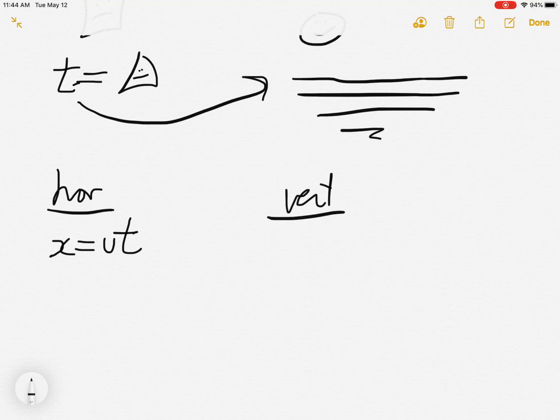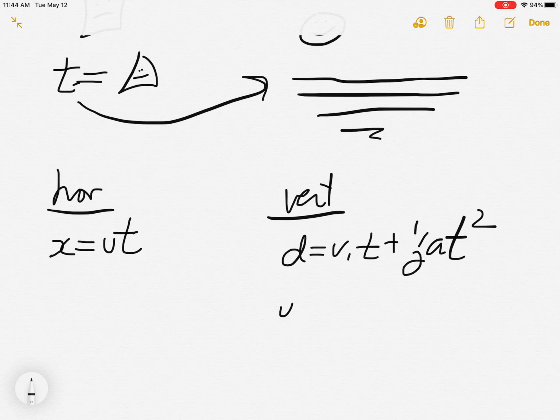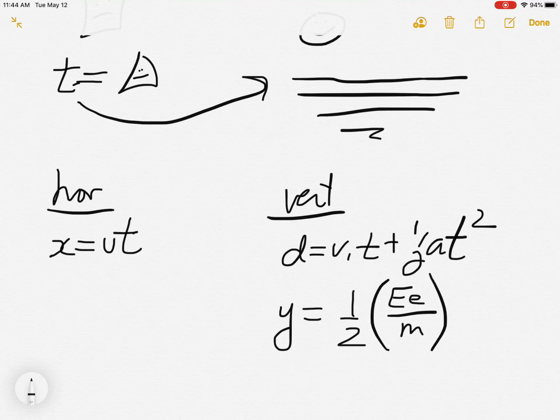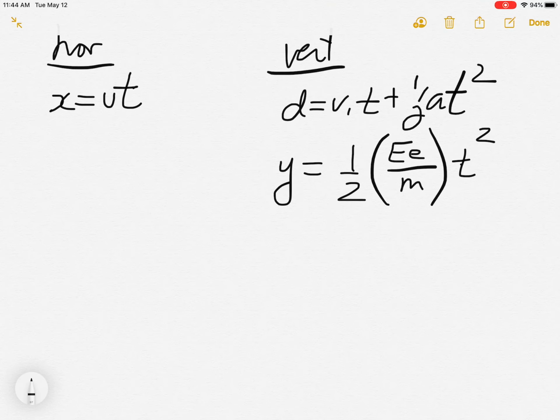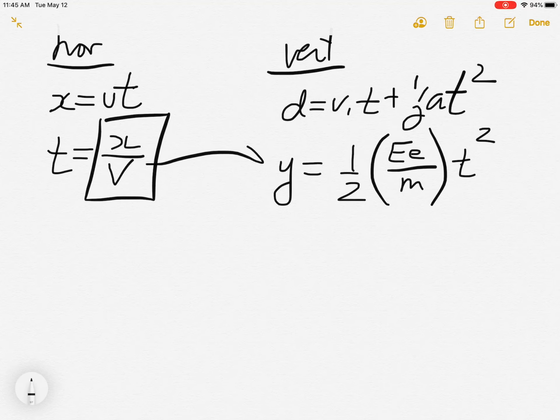So if we follow that strategy, we have the horizontal, which is x equals vt, right? D equals vt. And the vertical, which comes from d equals v1t plus a half at squared, just like projectiles. And this worked out to, we called it y, and it came out to 1/2 e over m and t squared. All right, so those were our two equations, just like before when we did projectiles. They just look weird.